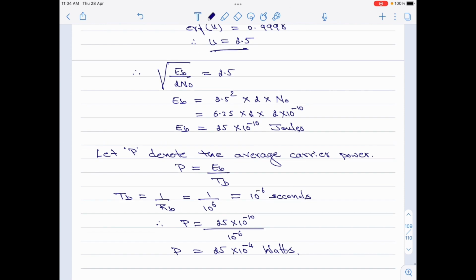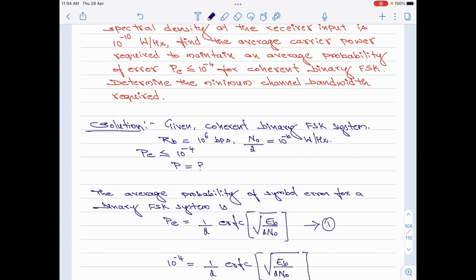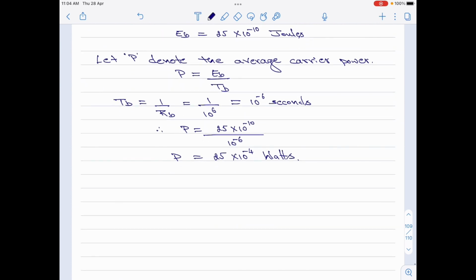Now, very importantly, when we come back to the numerical, please note we are told the average probability of symbol error must be less than or equal to 10 to the power minus 4. We know that the average carrier power and the probability of symbol error are inversely related to each other. Therefore, to make sure the average probability of error is less than or equal to 10 to the power of minus 4, the average carrier power P must be greater than the computed value, which is 25 into 10 to the power of minus 4 watts.